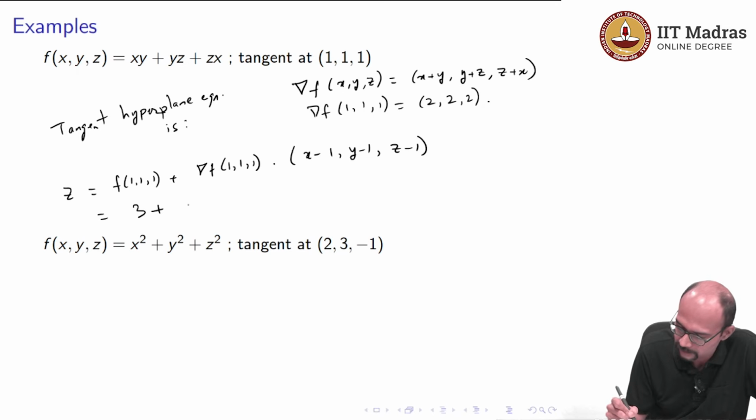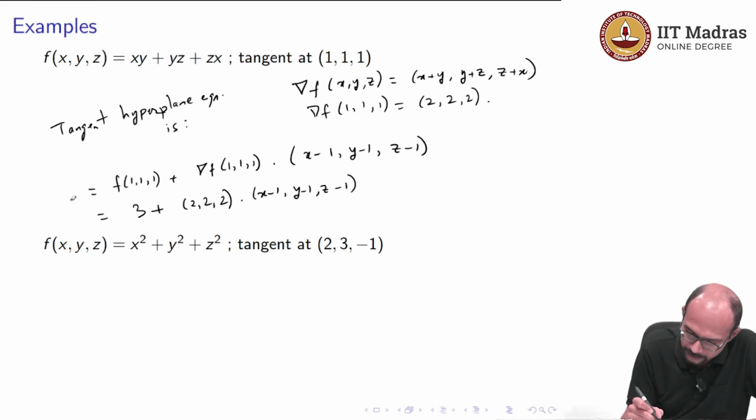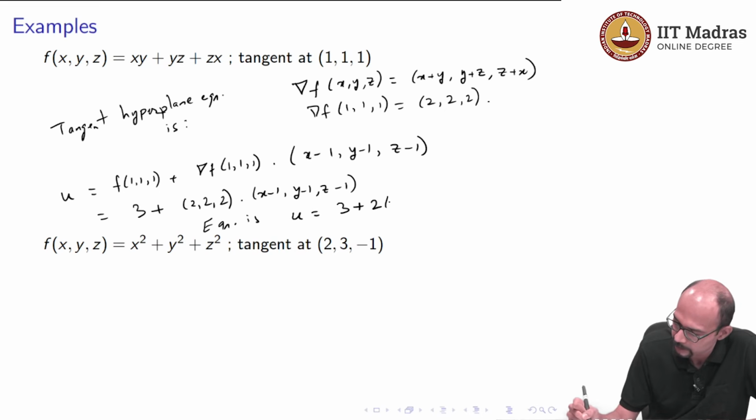So, 3 plus 2 comma 2 comma 2 dot with x minus 1, y minus 1, z minus 1. I should not use z here, since I am using z already, so let me use some other vector variable u. So the equation is u is equal to 3 plus 2 times (x minus 1) plus 2 times (y minus 1) plus 2 times (z minus 1).